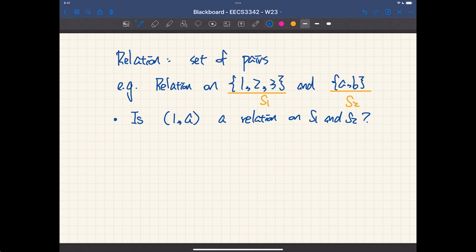I mean every character I wrote. Is 1A a relation on S1 and S2? You've got everything you need, even the first line that tells you the definition. Yes? Okay, it's okay to say yes. No, don't feel bad about it.